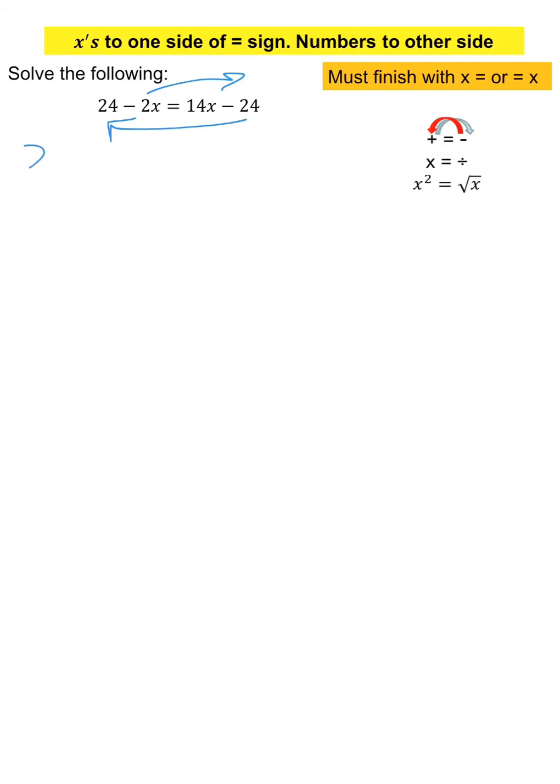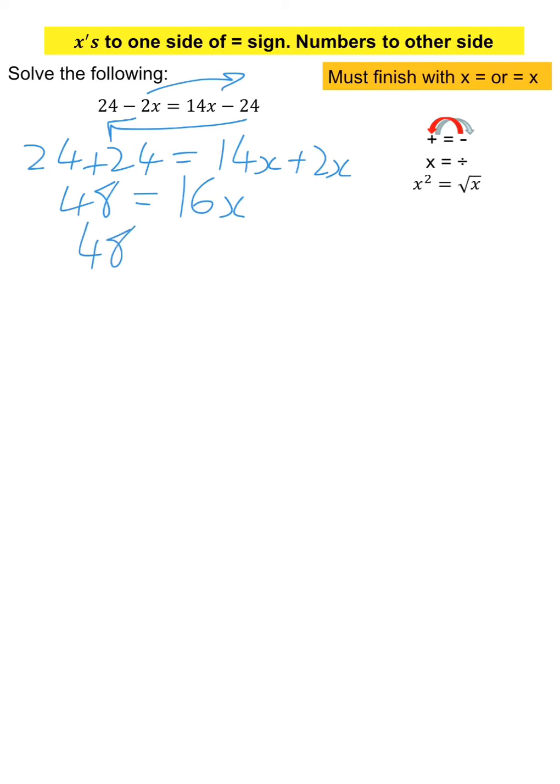So on the left I have 24 plus 24 is equal to 14x plus 2x. 24 plus 24, that is 48. And 14x plus 2x is 16x. So then always divide by the number in front of x. So 48 divided by 16 is equal to x. 48 divided by 16 is 3. So 3 is equal to x.